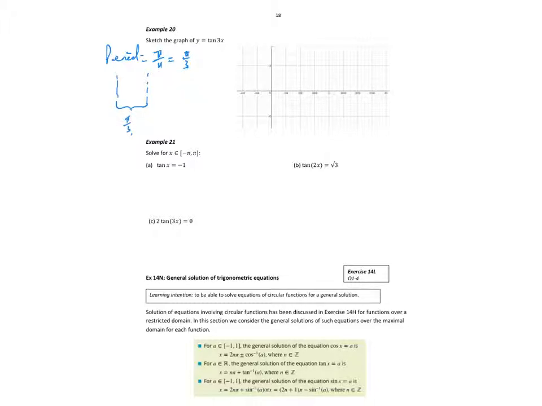So that means my first asymptotes are at pi on 6 and negative pi on 6, because the distance then is pi on 3.